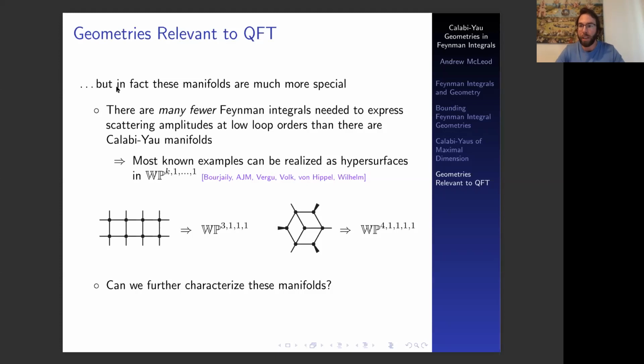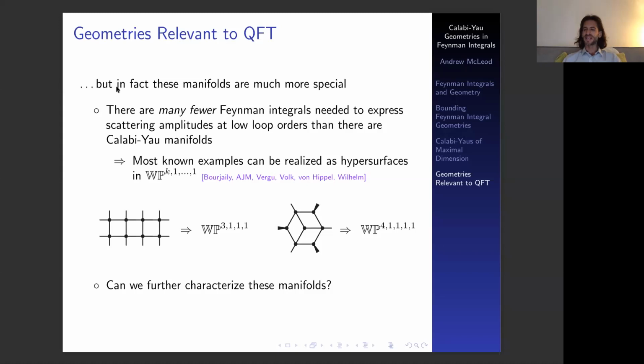Certainly, we don't know what it would mean for having Ricci flatness to mean something in this context. So we want to identify more specifically if there's some physics that dictates the types of manifolds that show up, and to do that, one first wants to identify what they actually are. So we attempted to do so, and this is what we came up with, but I think this can be improved on quite a bit.